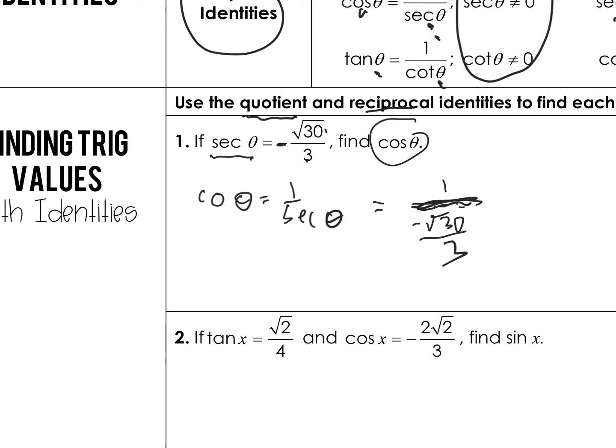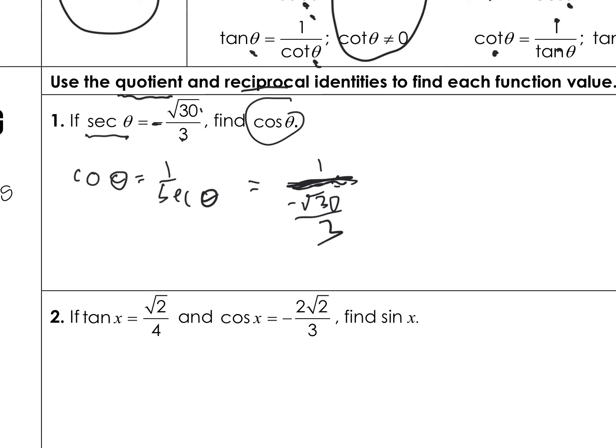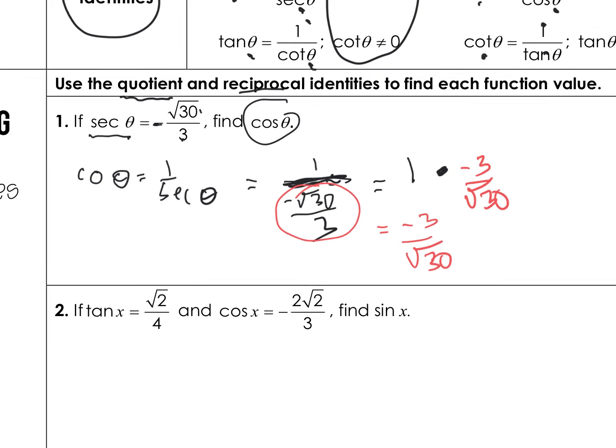Now, how do I evaluate this? Whenever you have a fraction in the bottom of a compound fraction, we take the 1, we multiply it by the reciprocal of the bottom, we flip it, and then it doesn't matter where the negative goes, negative 3 over the square root of 30. We're not allowed to leave a square root in the bottom, which I lied.